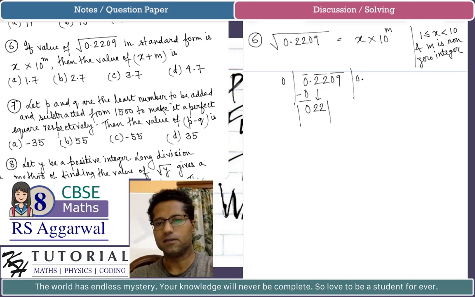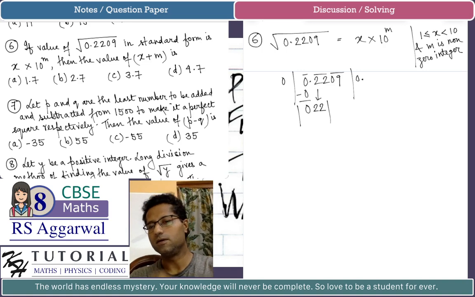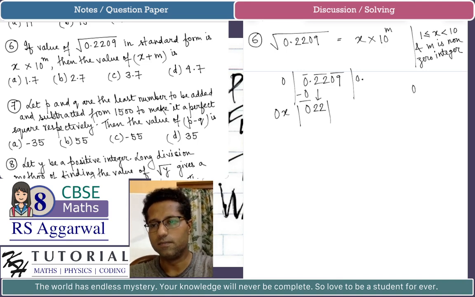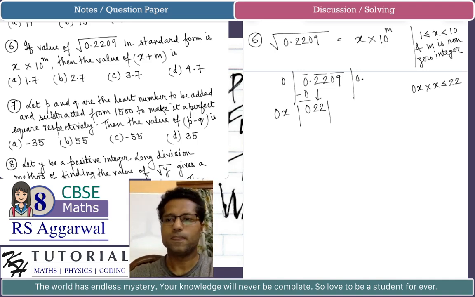Now we find the next divisor. The partial divisor will be 2 multiplied by the current quotient, ignoring the decimal point. The current quotient is 0 point, which means 0, and 0 multiplied by 2 is 0. Now we consider the digit x such that the 2-digit number 0x multiplied by x should be less than or equal to 22.